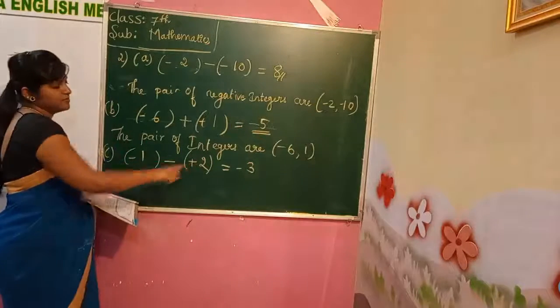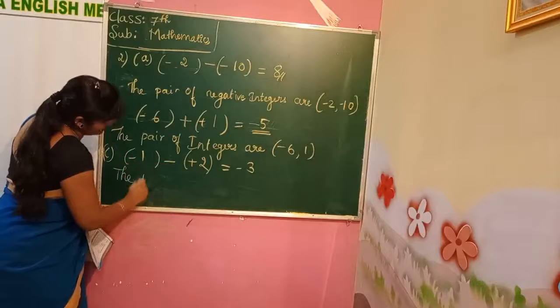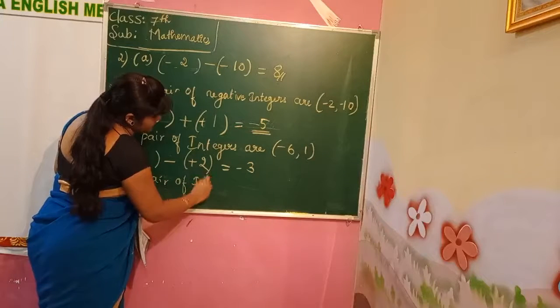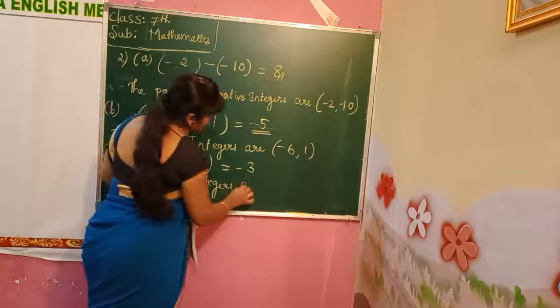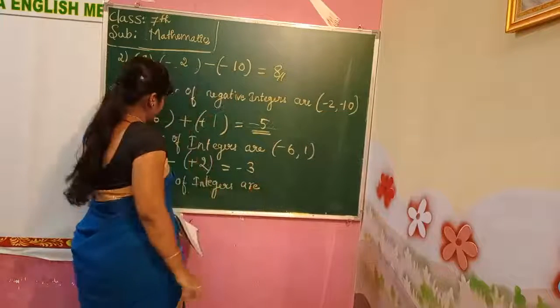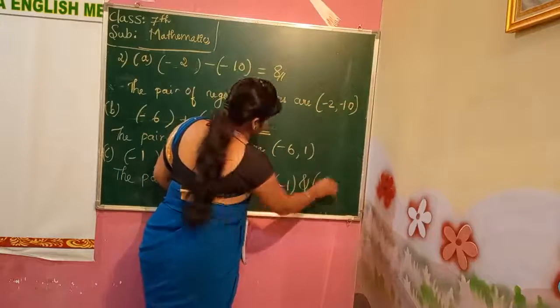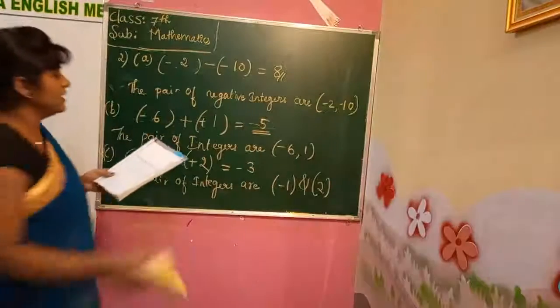But the sign will be minus. The pair of integers are minus 1 and 2.